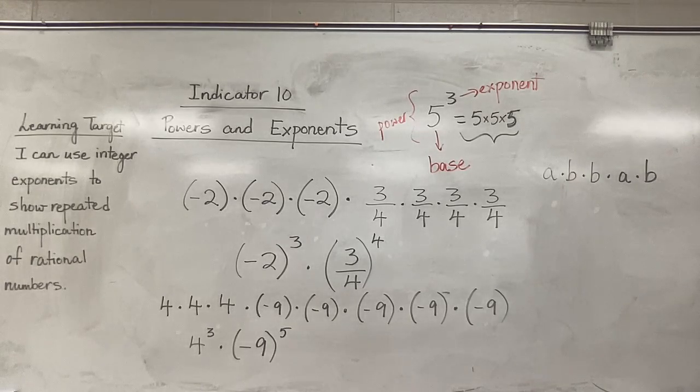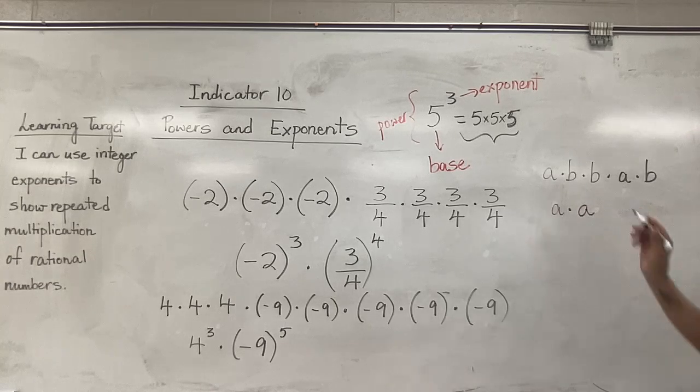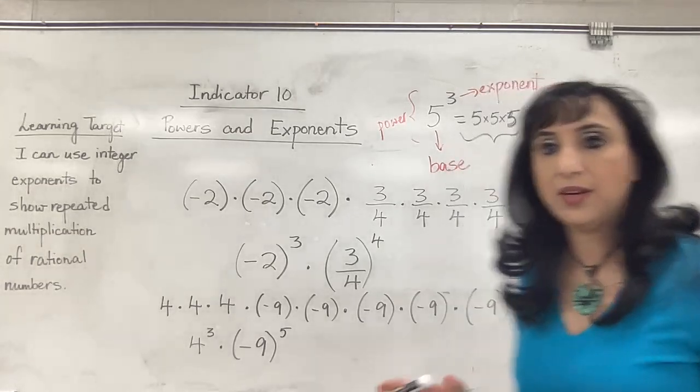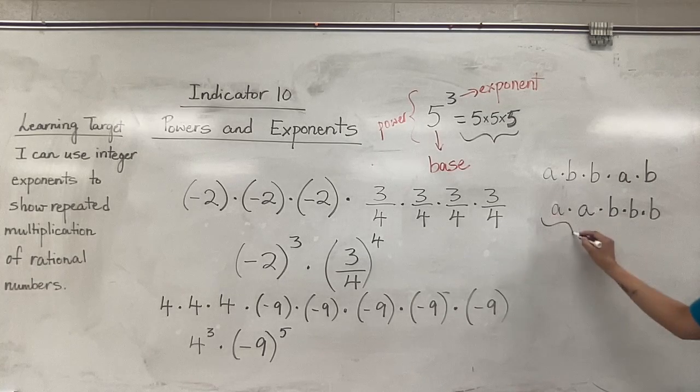So first I'm going to use the commutative property of multiplication, and I am going to switch them around. A times A, because I'm trying to put the same factors together, times B times B times B. Now when I look at this, how many A's do I have?